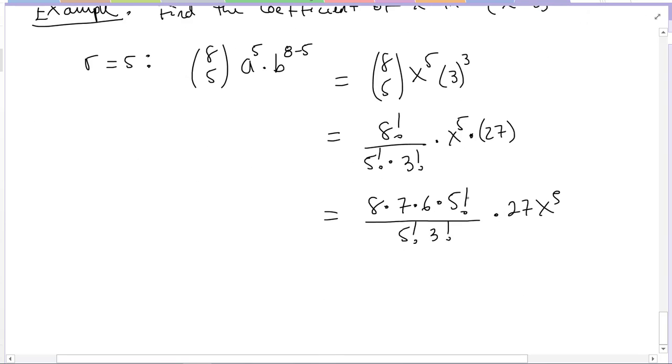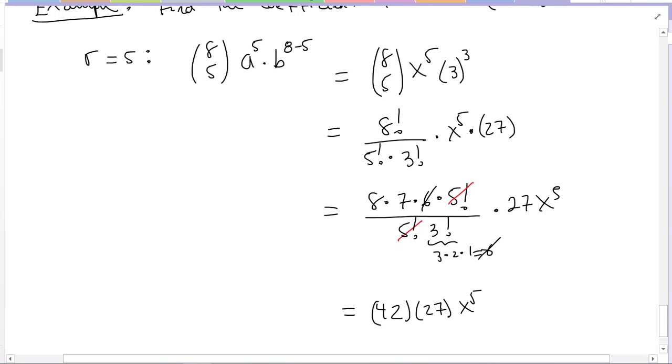And so we can cancel off, divide out the 5 factorials. And 3 factorial is 3 times 2 times 1. So let's see, what else can we get rid of? Oh, that's 6. So that 6 can cancel out as well. So it's just 8 times 7, which is 56, times 27, x to the fifth. So we were asked for the coefficient.